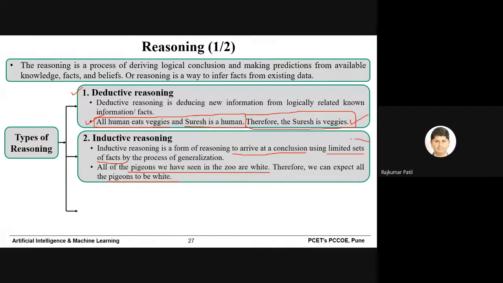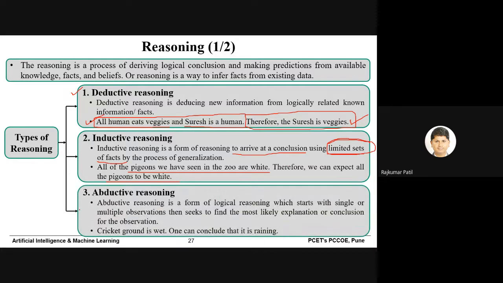In this case, the data set is very limited. So if the size of the data changes, the conclusion may change. This is the basic difference between deductive reasoning and inductive reasoning.